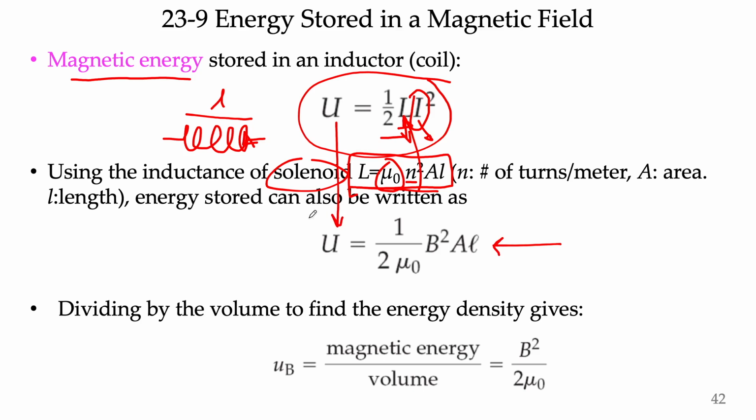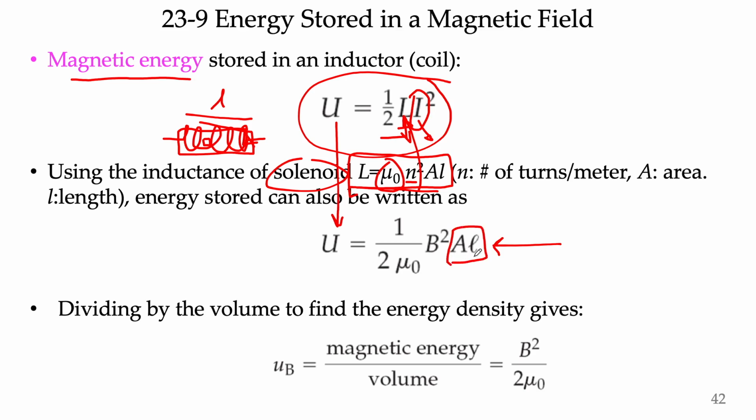If you want to find the energy per unit volume, these uppercase U's give the total energy inside the solenoid. But if you ask what the energy in a given unit volume is, then you would divide by the volume, and you can see that the volume is actually here.